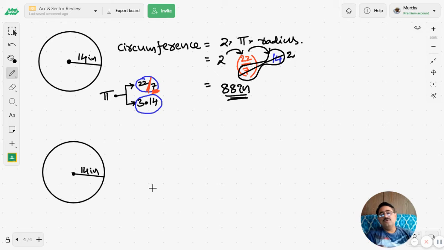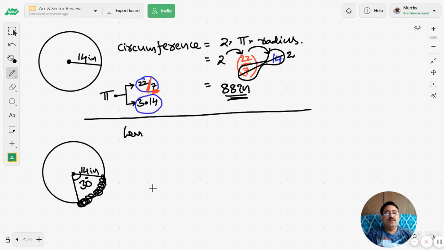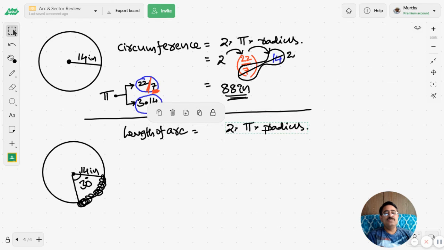Now, suppose you are given an arc, let's say this is 30 degrees, the central angle, and you are asked to find the length of the arc. So the length of arc equals, we take the same condition, but the additional part is, please notice that the total length of the boundary line gives you the circumference.